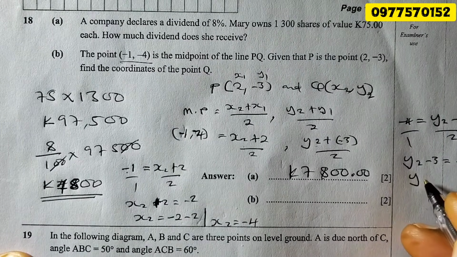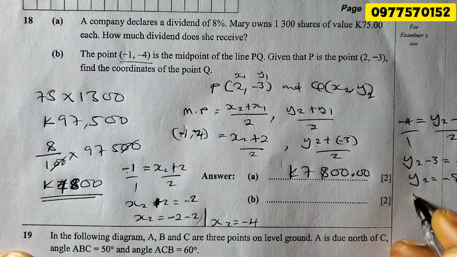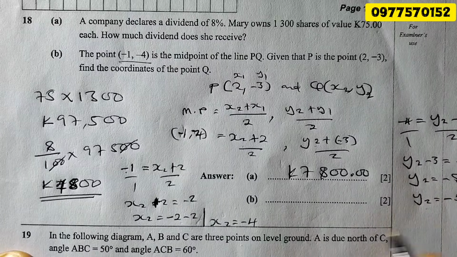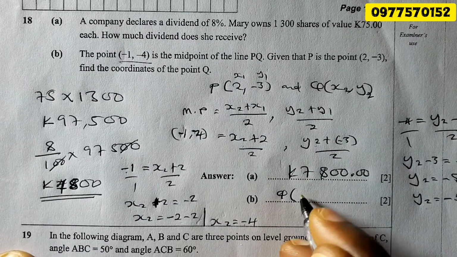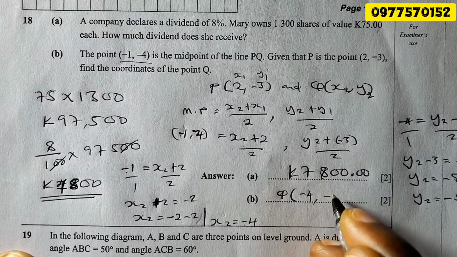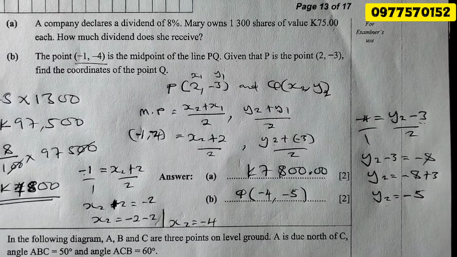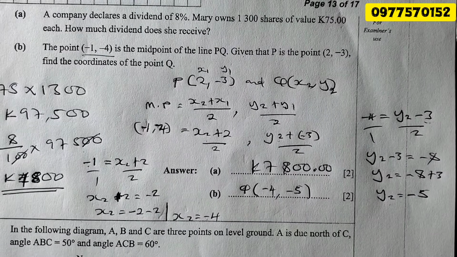Then collecting like terms, y2 is equals to -8 plus 3, then y2 is equals to -5. So the coordinates for Q: x is -4, y is -5. As simple as this. Let's go to the next question, which is bearing.